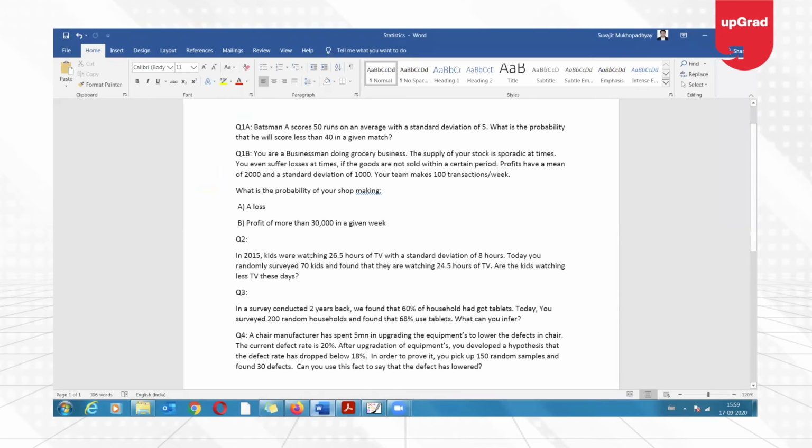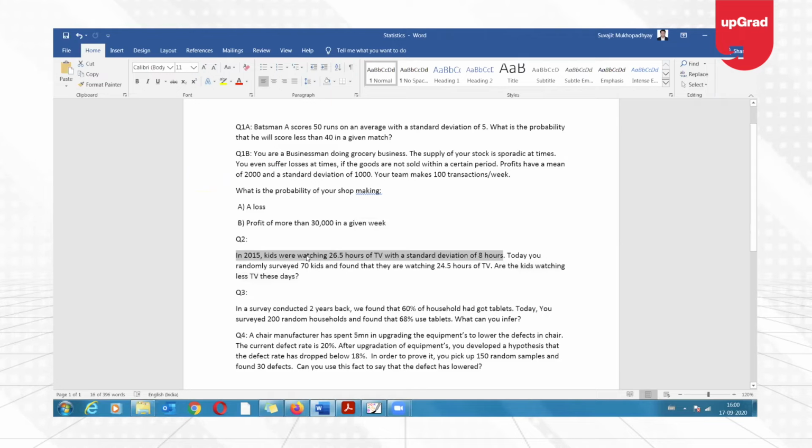So if you look at the problem, we are asking whether kids are watching less TV compared to this 26.5, because this was my initial population. Here I have not mentioned the number of kids we have surveyed, so always assume that this is the population. And any hypothesis is always done on the population, not on the sample.